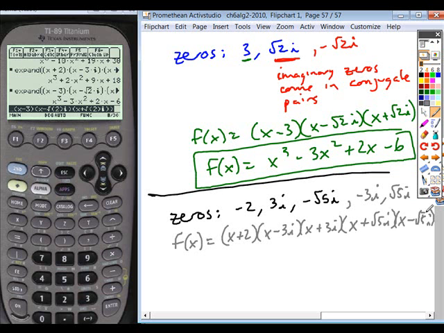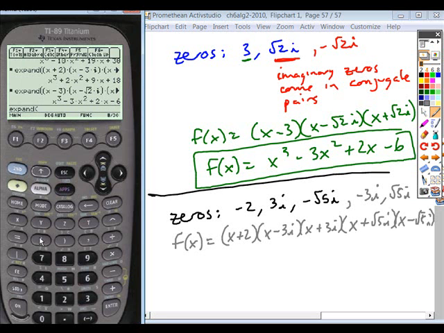And if I expanded those out, multiplied them, I'd get my final function. So if I expand those, just type in my factors. Close it all off.